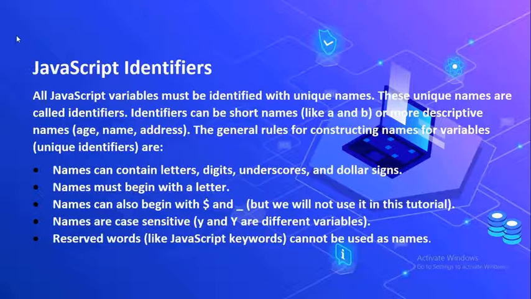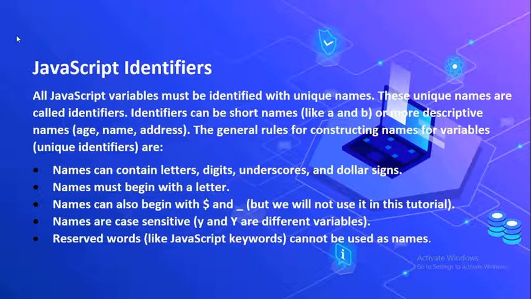JavaScript identifiers. All JavaScript variables must be identified with a unique name. These unique names are called identifiers. Identifiers can be short names like a and b, or more descriptive names like age, name, address.